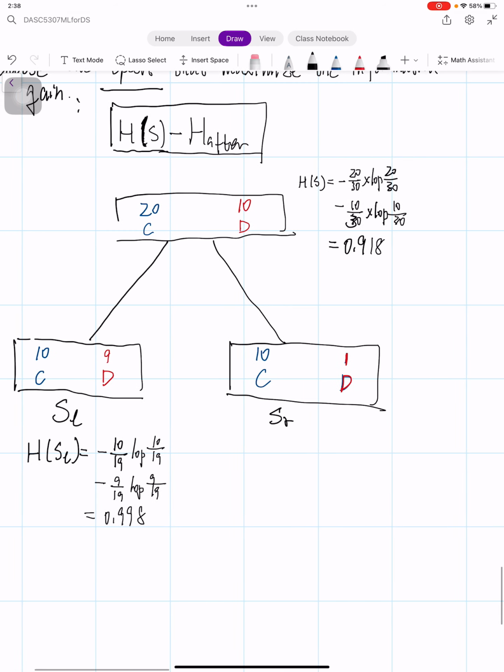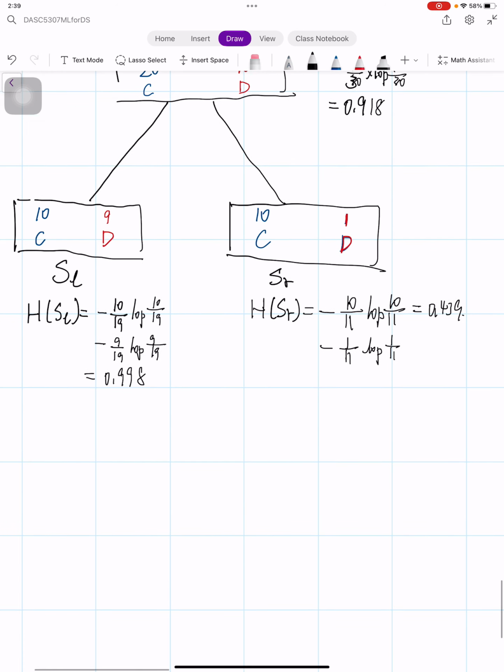And S R you can calculate in a similar way, negative 10 over 11 log 10 over 11 minus 1 over 11 log 1 over 11, which gives you 0.439.